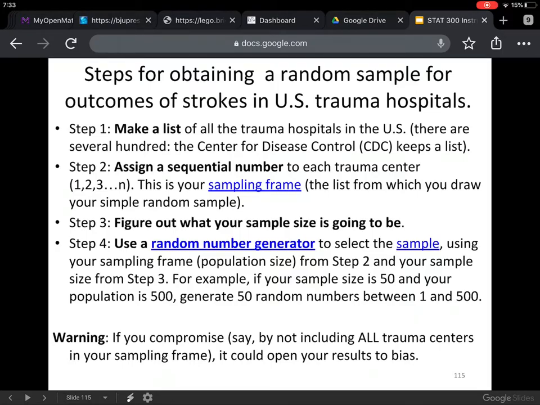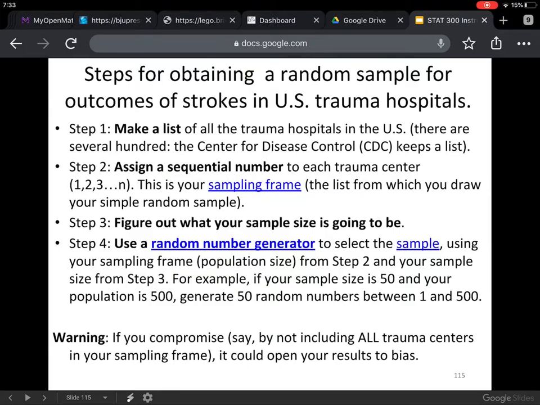Numbers like 1, 2, 3, 4, 5 are assigned to each hospital. Figure out what your sample size is going to be: 200, 300, 1,000. Then use a random number generator, or just pull numbers out of a hat. And make sure that when you're going through this, you are indeed either pulling out of a hat randomly or using the random number generator.